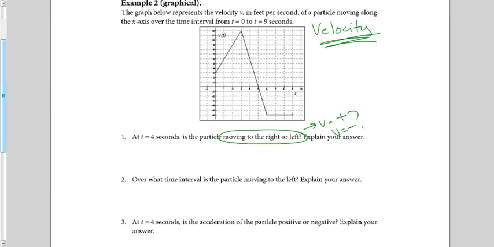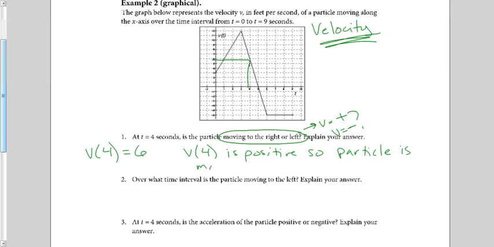So let's look at v of 4. And v of 4 is this number here, 1, 2, 3, 4, 5, which is 6. So v of 4 is 6. I don't really care. It's positive. So the particle is moving to the right. Quite simple. That's it. There's nothing else to it.